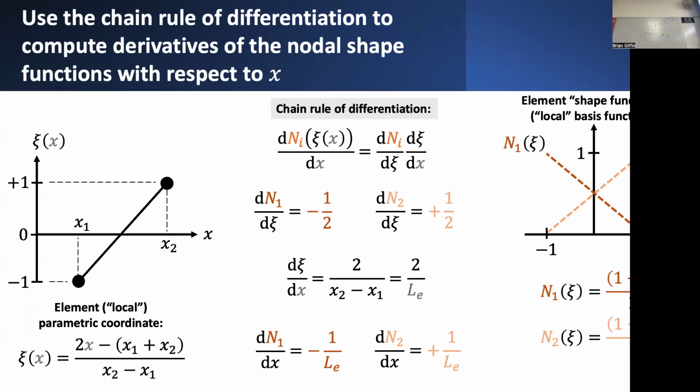The derivative of N2 with respect to C gives me plus 1/2. Those are pretty easy, and they don't depend on the length of the element at all.